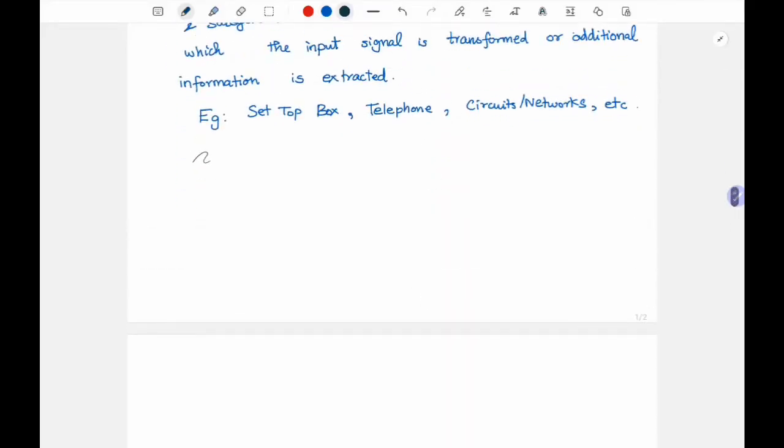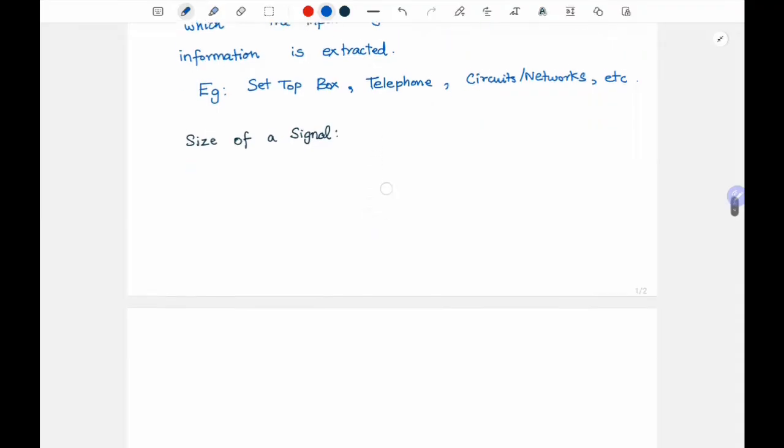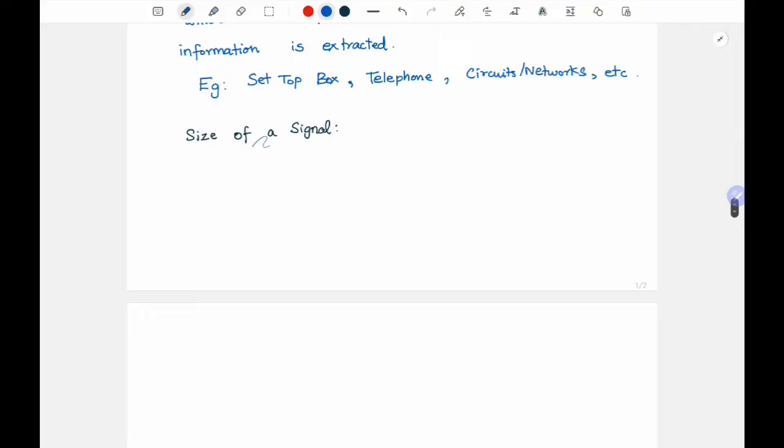So next, what did we see? Next we saw about the size of a signal. So what did we define the size of the signal to be? It is a measure of the strength or largeness of a signal.